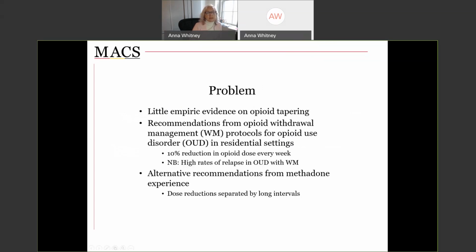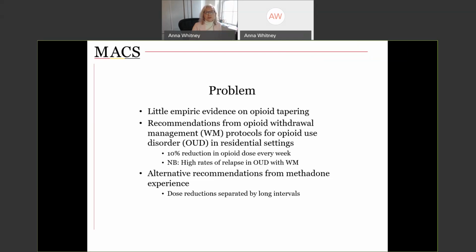The problem is that we don't have a lot of empiric evidence on opioid tapering. There has been little guidance in the literature on how to effectively address patients on chronic opioids and how to taper them off. Most of the recommendations until recently have come from opioid withdrawal management protocols used for opiate use disorder in residential, medically monitored settings.